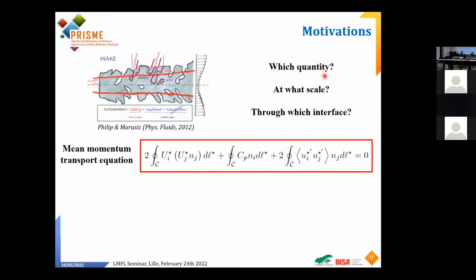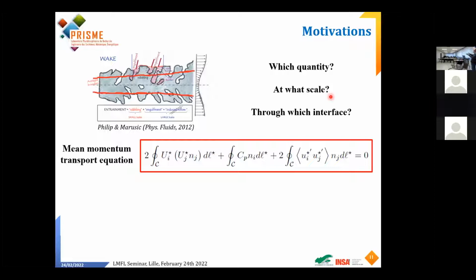Here we are looking at forces. As I said, we are interested in the drag of a vehicle. If I want to speak about the drag, I need to speak about the momentum, so the momentum equation will be the equation on which I will rely. And at what scale? Today, I will speak about mean drag.